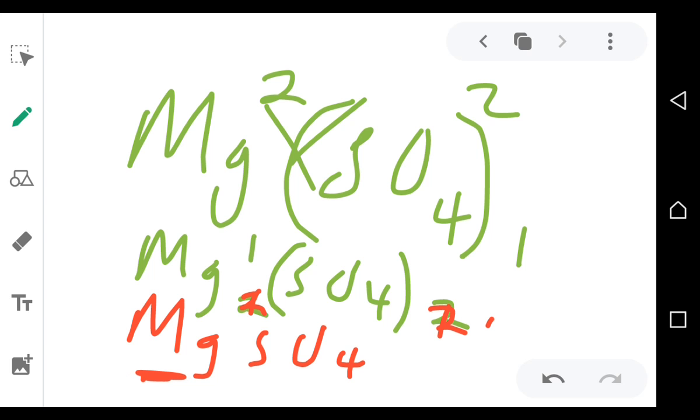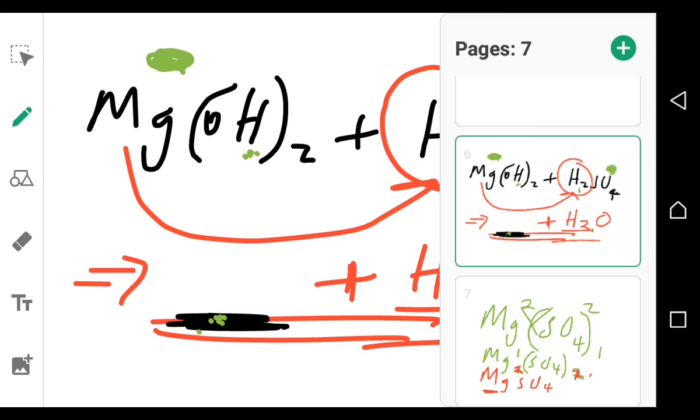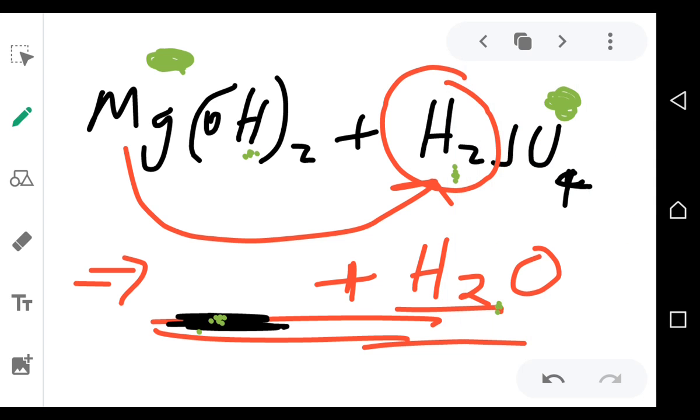So this calculation, I have to bring it back into this equation. Meaning I'm supposed to put here magnesium sulfate. That's how you write the equation. So this is the way you write the chemical equation. You need to do those sub calculations using valences and so on.